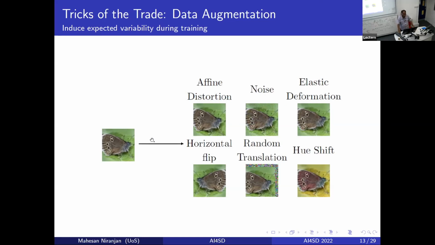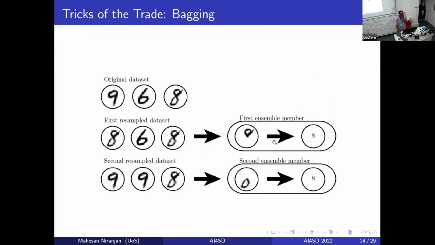So you were only given this one little butterfly picture, but while you train your model, you induce all these translations and deformations into the data set, because this kind of variability is natural. It can occur. So when you go to a test data set, that test data set may be a slightly deformed butterfly, but you have already learned that because you have induced it into your training set.